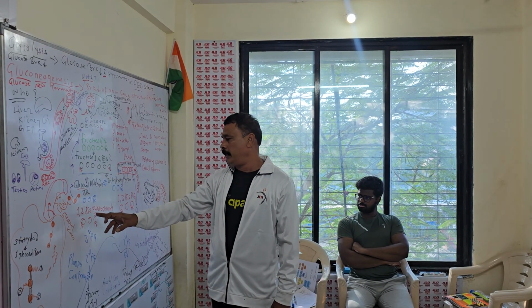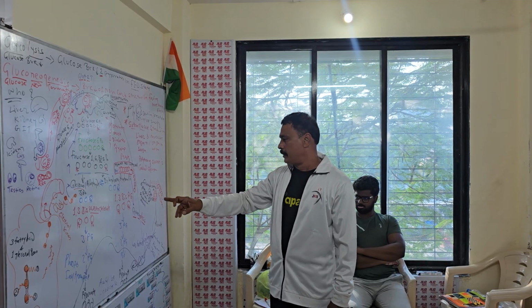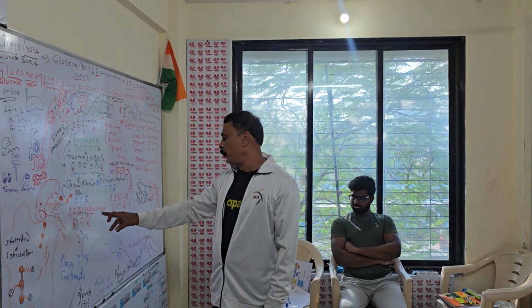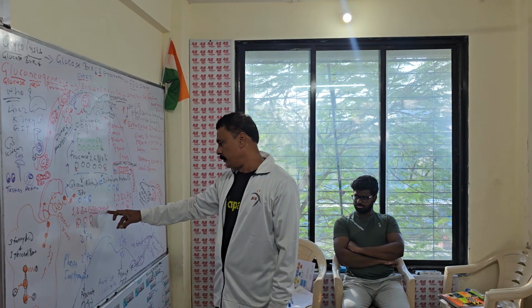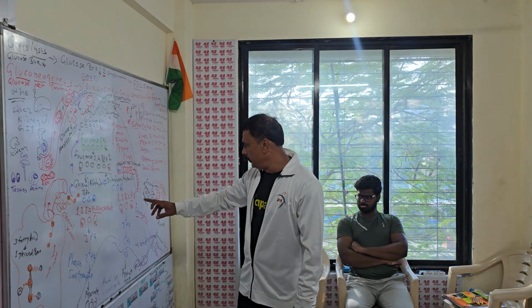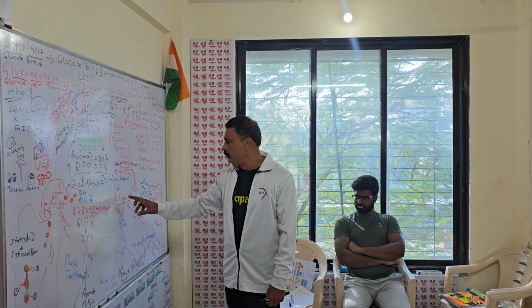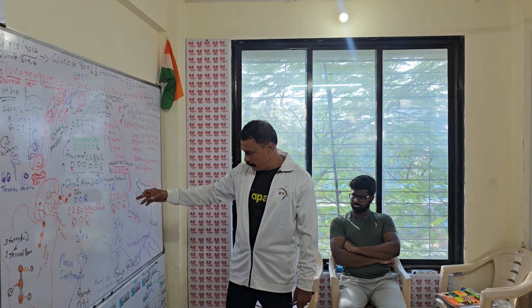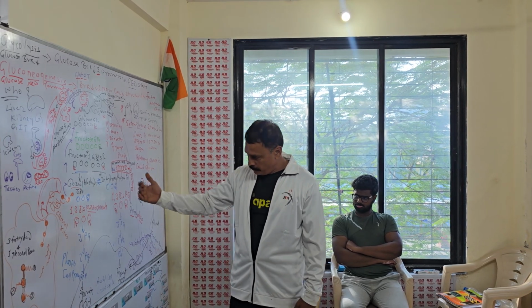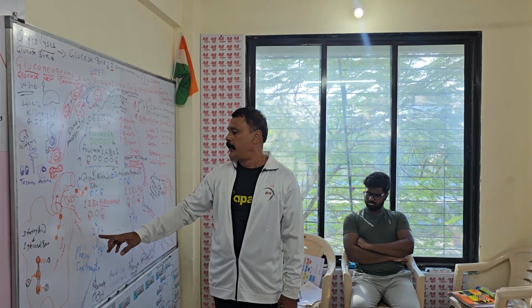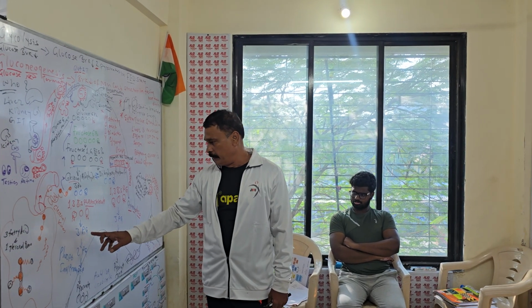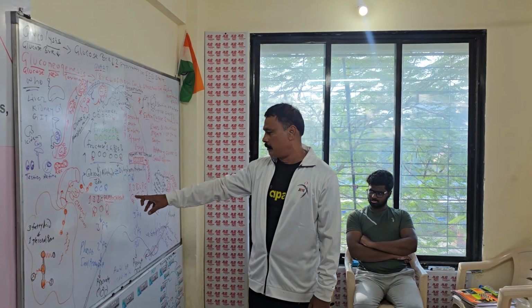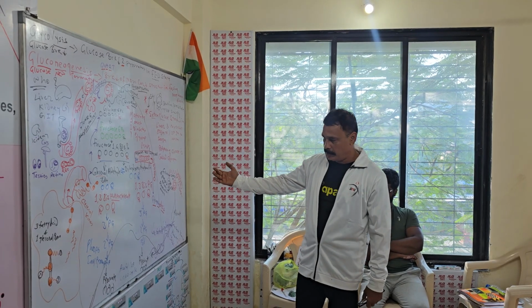The next stage is 1,3 bisphosphoglycerate, and on this side also the same 1,3 bisphosphoglycerate. Next it goes to 3 PG, where PG means phosphoglycerate, and this side is the same.